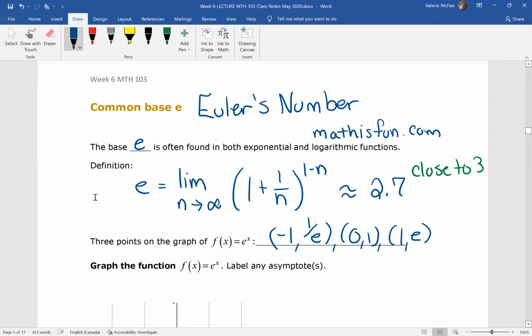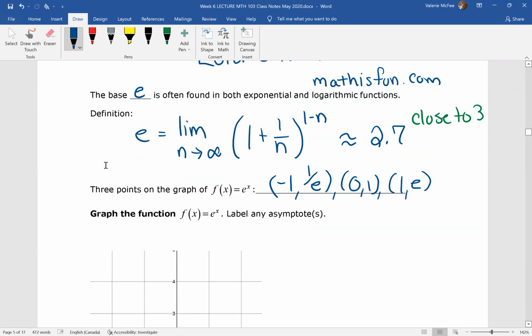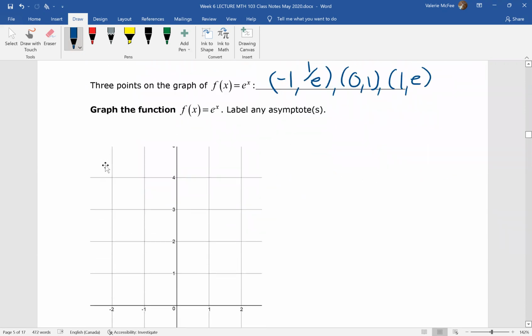So how do we graph using those 3 points? Well, the best we can do is use our approximation, remembering, of course, that we still have our horizontal asymptote at y equals 0.